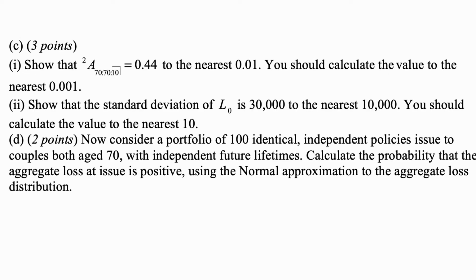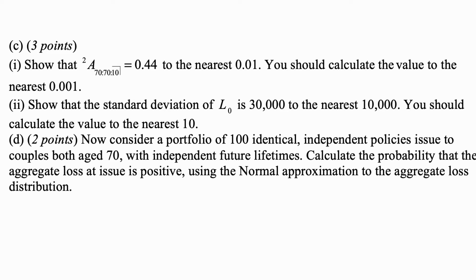C. Show that the second moment of life insurance of this endowment policy on the joint life status of 70 and 70 over 10 years is 0.44 to the nearest 0.01. You should calculate the value to the nearest 0.001. Part 2, show that the standard deviation of L0 is 30,000 to the nearest 10,000. You should calculate the value to the nearest 10.